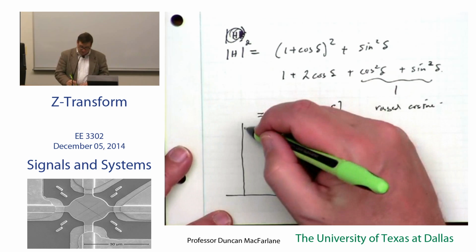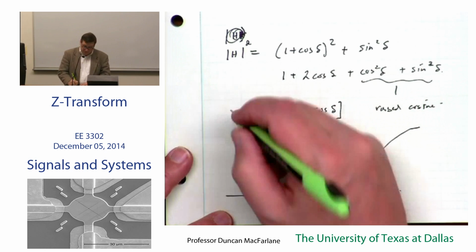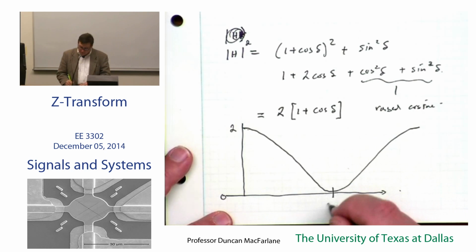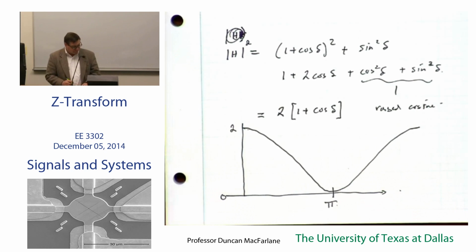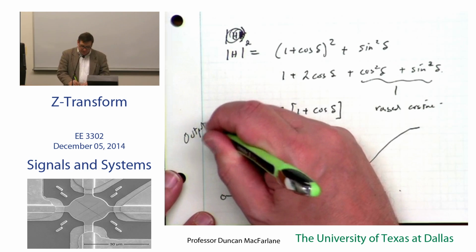DC shifted, a cosine shifted up. This starts at 2, this is 0, and this guy here happens at pi. And remember, this is my output to input.